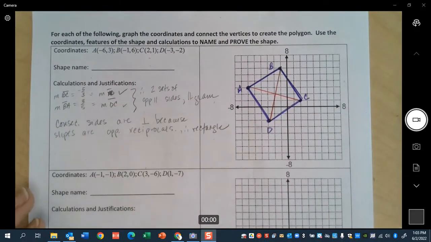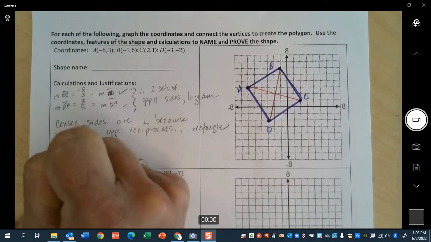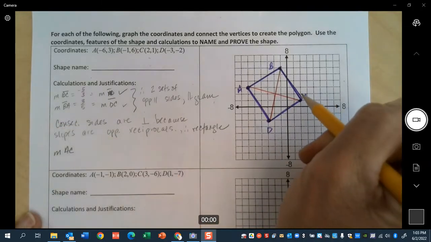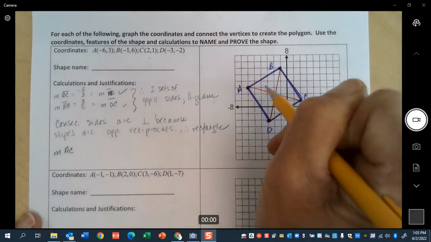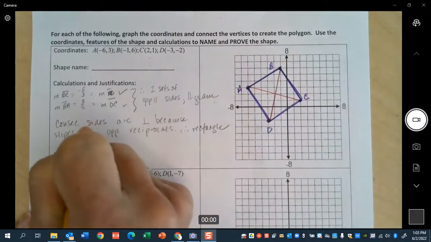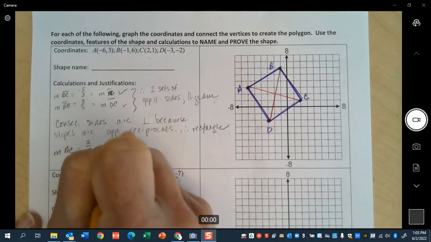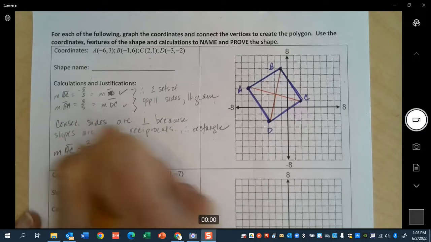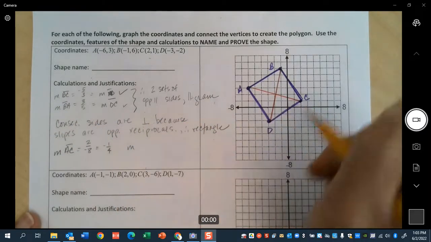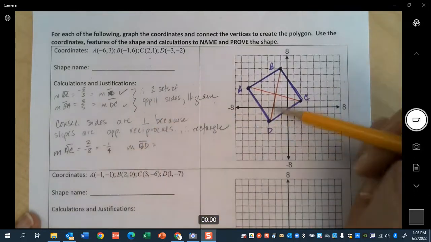So let's go ahead and say the slope of AC, rise 2, run negative 8, that's negative 1/4. I'm hoping that the slope of diagonal BD is what? What am I hoping for?